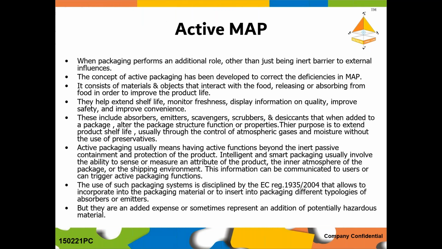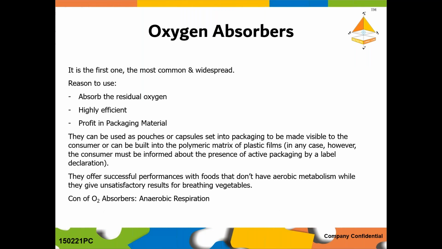Active MAP: when packaging needs an active further action, for example, there is extra moisture which you want to take away, and the fruit is giving off the moisture, or giving off oxygen. So some chemicals are put in, for example, oxygen scavengers. They will absorb the residual oxygen, and they're quite efficient. There are also CO2 absorbers.